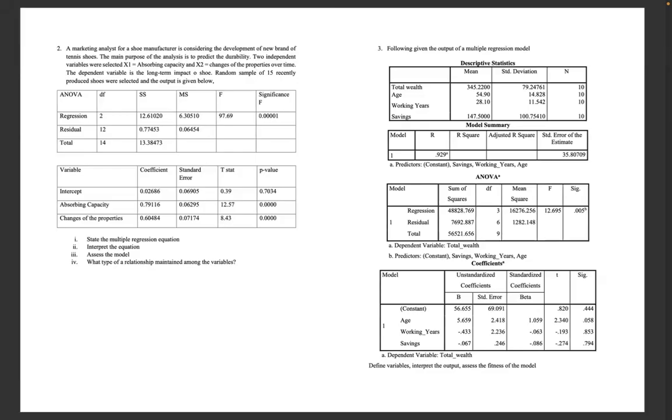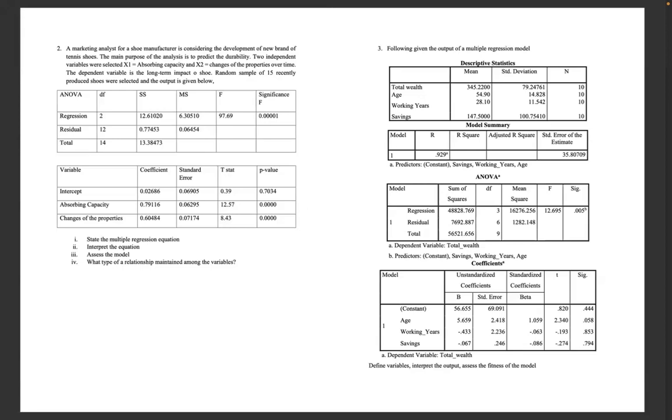The residual SS is whatever you found in the previous part. Is that clear? Yeah. Okay.